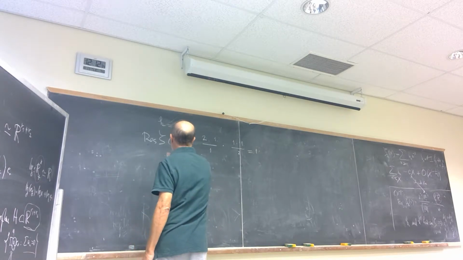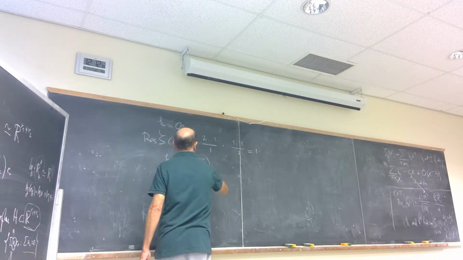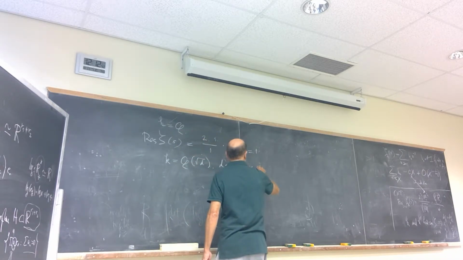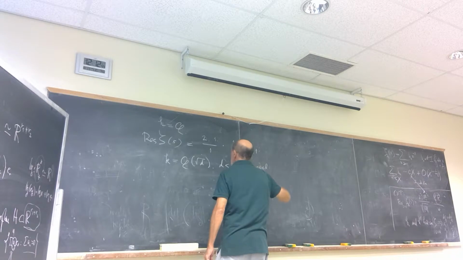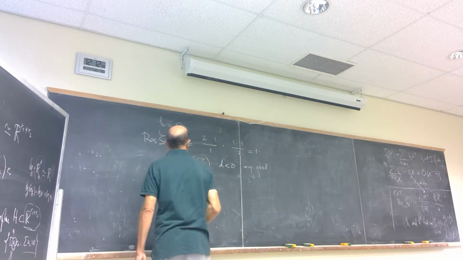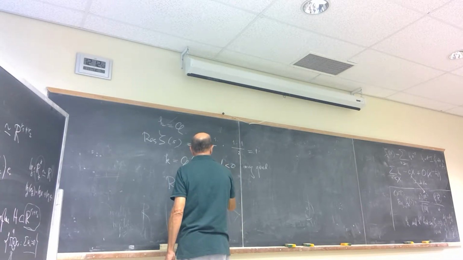How about if k is Q square root of d, where d is less than 0, imaginary quadratic? Okay, the residue is equal to, well, there are no real places, so it's 2 to the 0 power, that's 1.